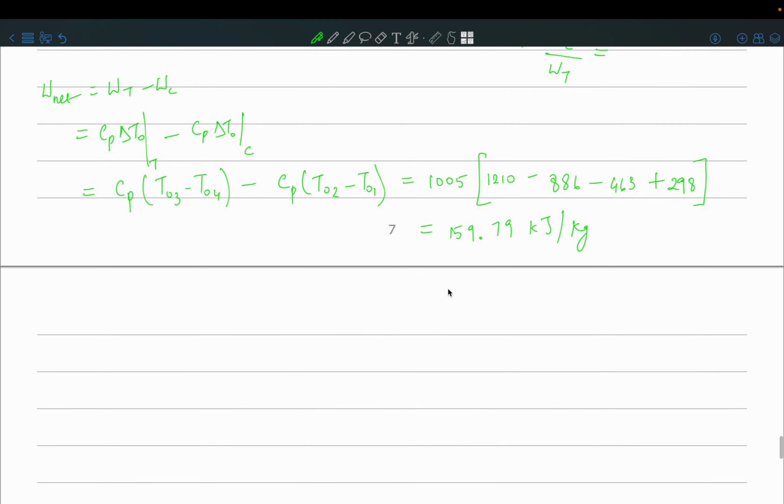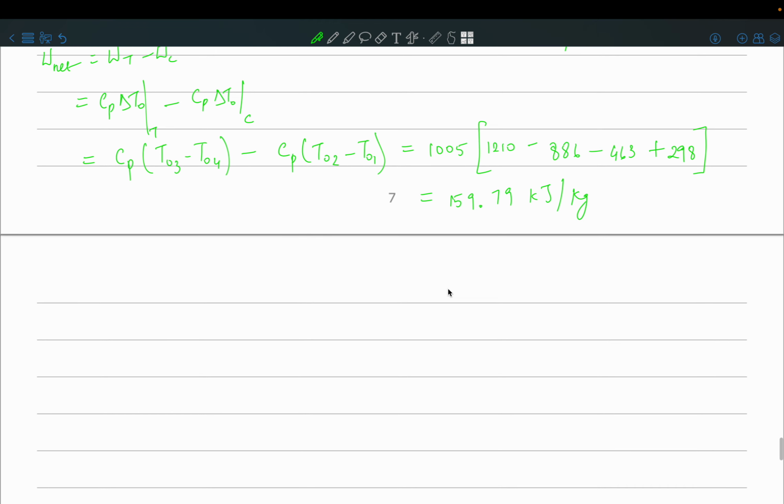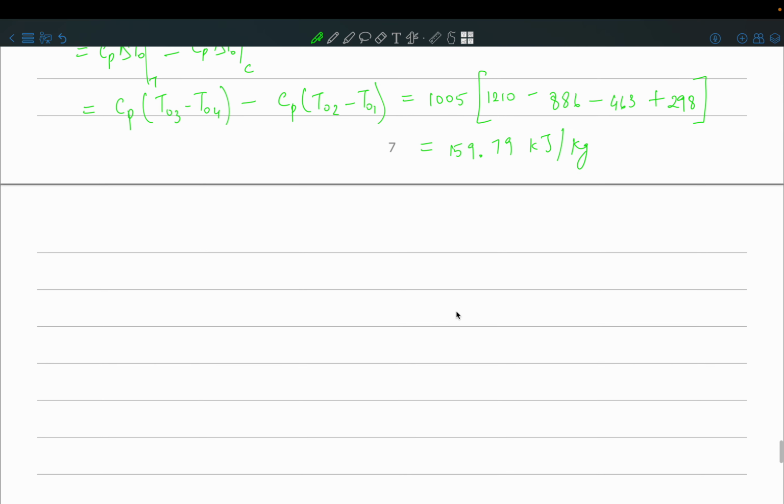Okay, so now what is the last part is thermal efficiency. What is thermal efficiency? So here you are giving some net work in.